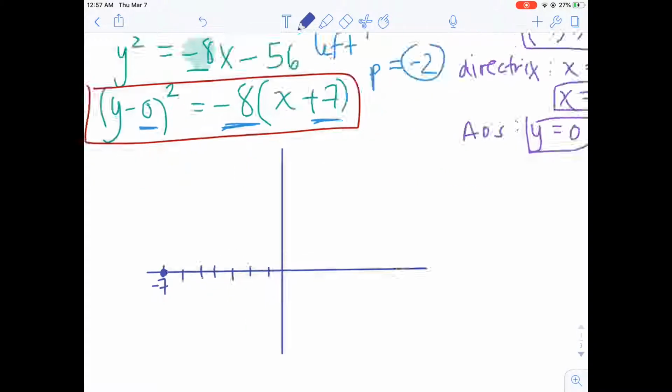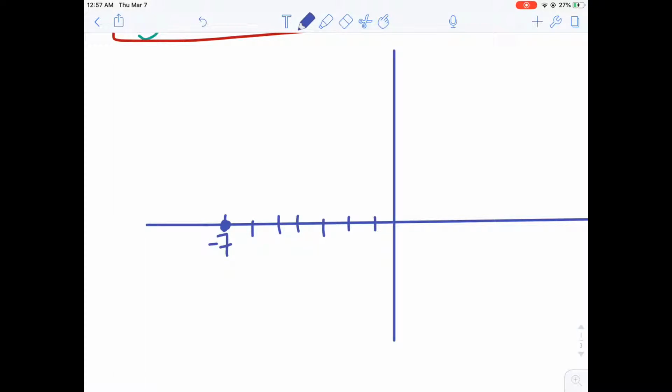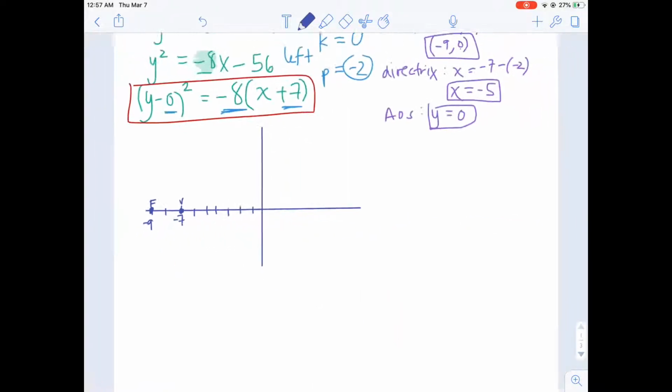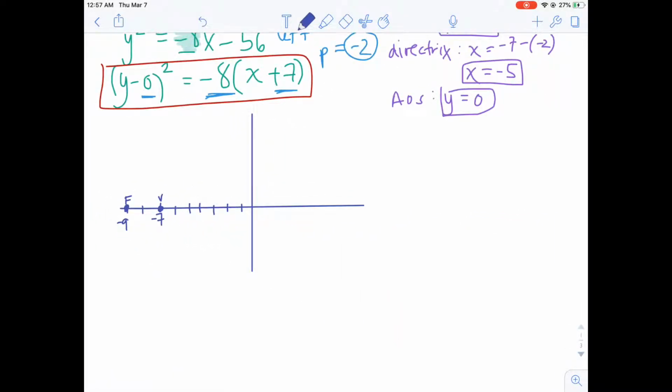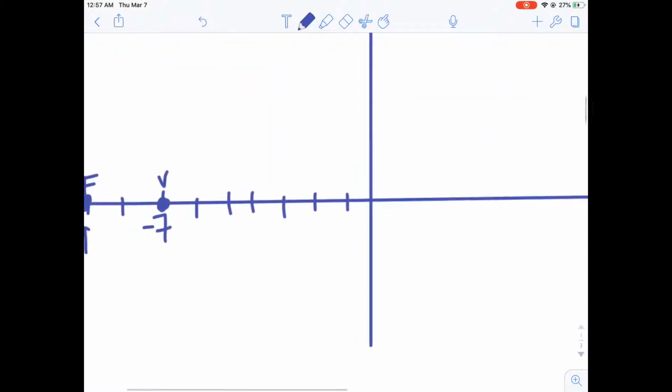Whoops, looks like I need to extend this a little here. There we go. So that's -8, -9. There's our focus. I'm going to label this vertex and focus. Our directrix is at x equal to -5. That is right here. So I'm going to draw that directrix.